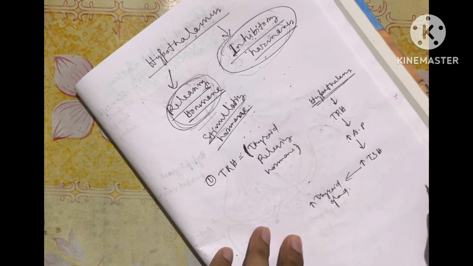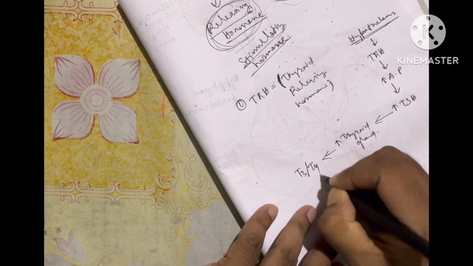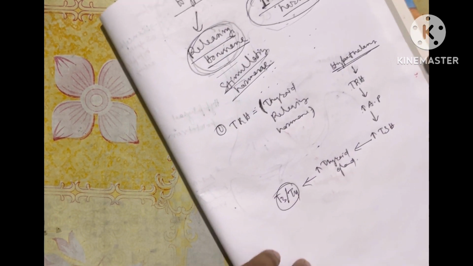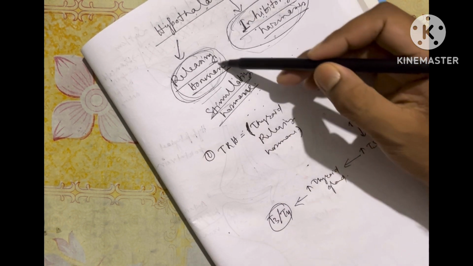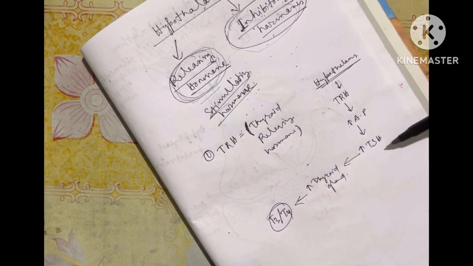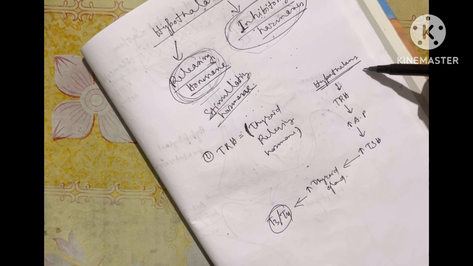It will stimulate the thyroid gland, and that thyroid gland will produce T3 and T4. So this is the releasing sequence of releasing hormones. How does it work inside the hypothalamic portal system?